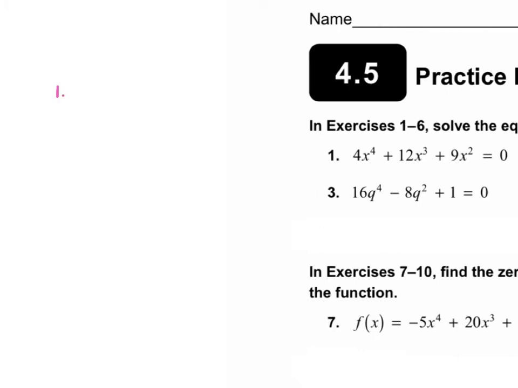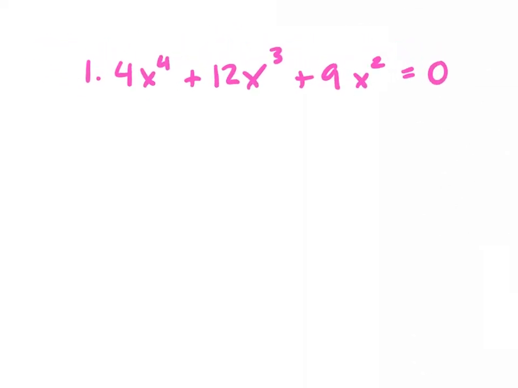Divide by x squared. Perfect, we can take out an x squared. Can we take out anything else? No. We can't take out any numbers here because all three of these, 4, 12, and 9, don't have anything in common. So we can only take out an x squared.